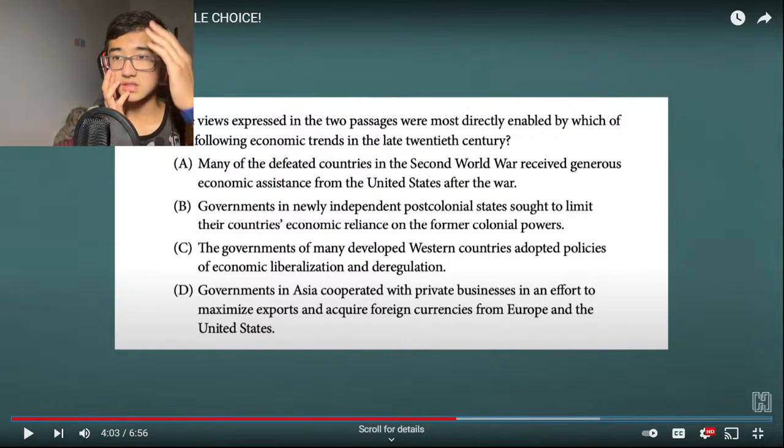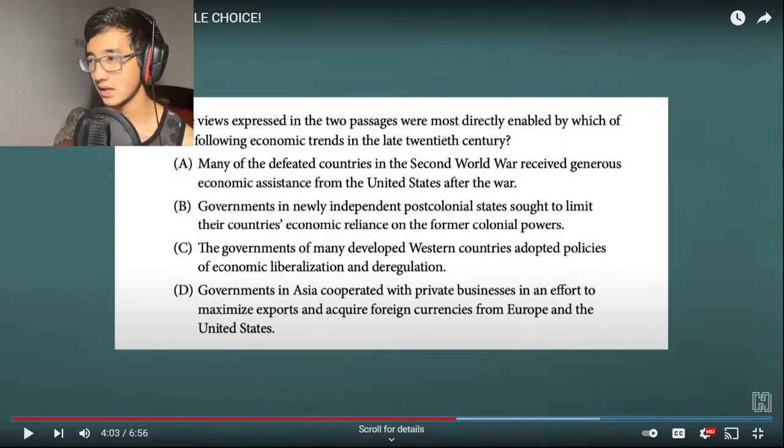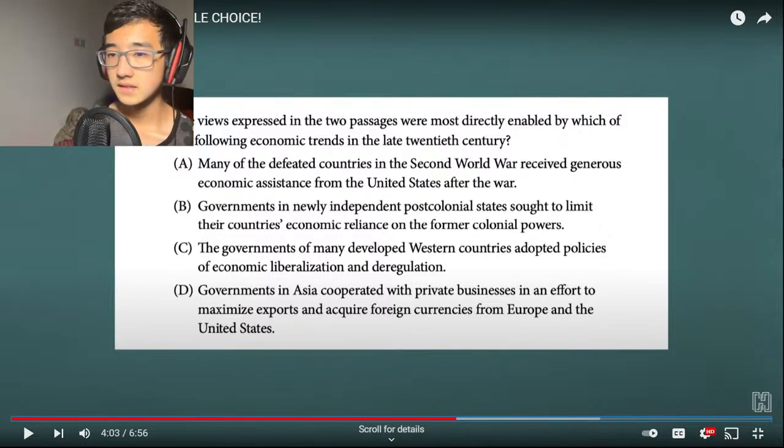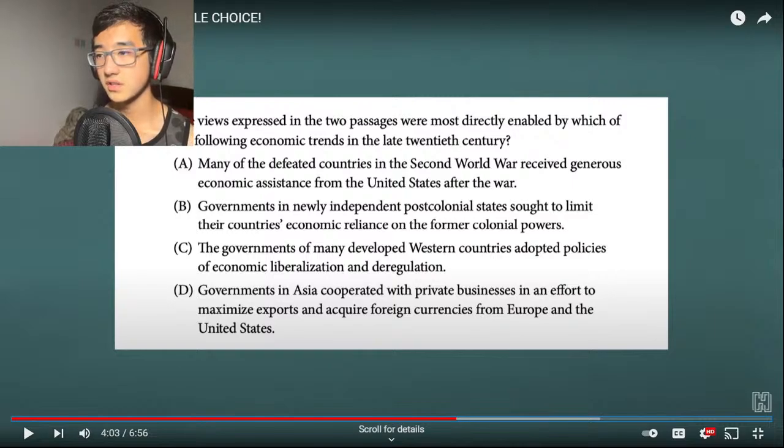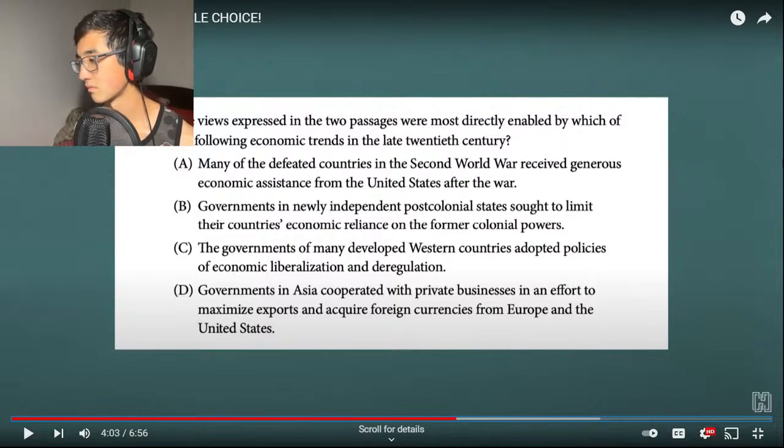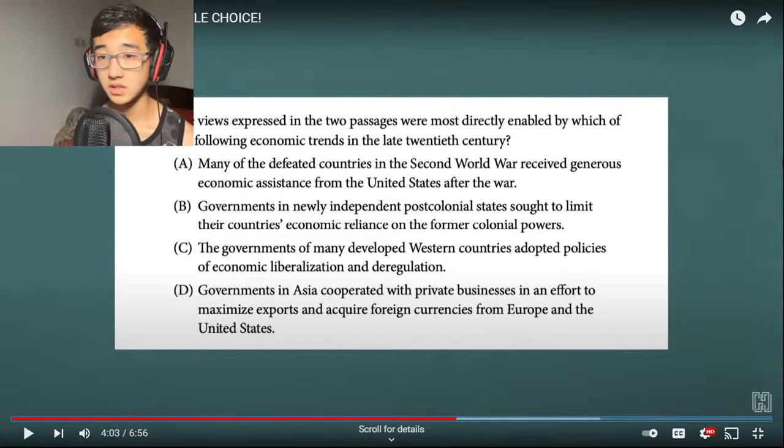I guess somewhat. I can kind of see a correlation. C, the governments of many developed Western countries adopted policies of economic liberalization and deregulation. It's historically accurate, but I don't think it fits the context.